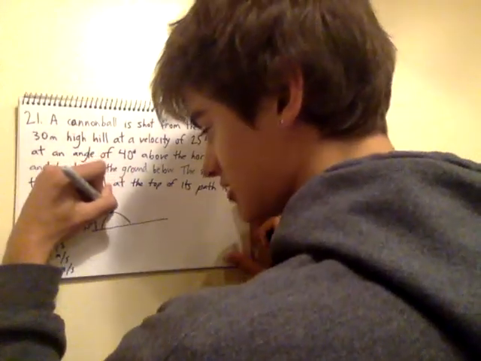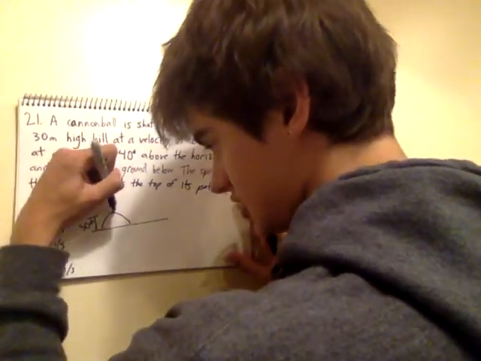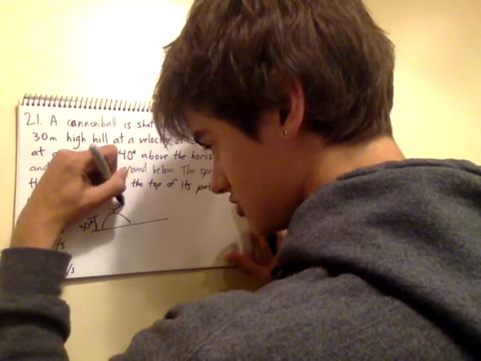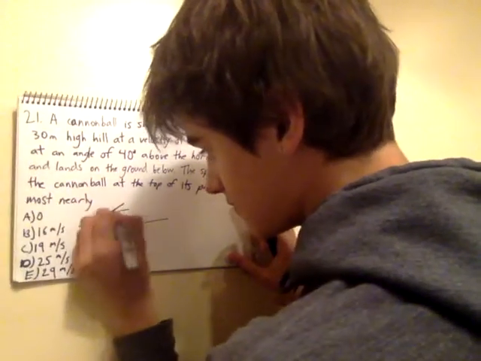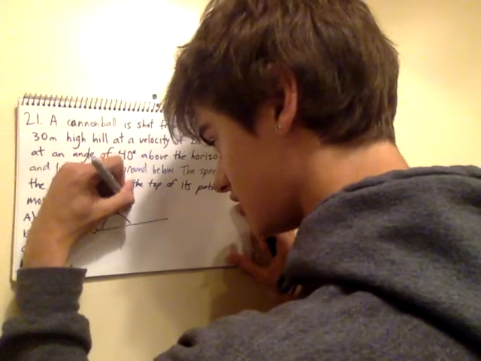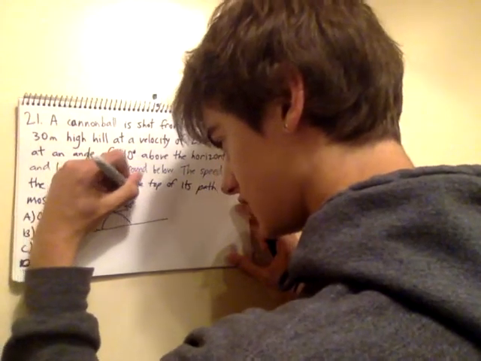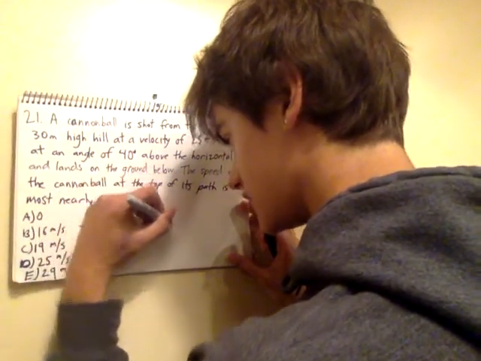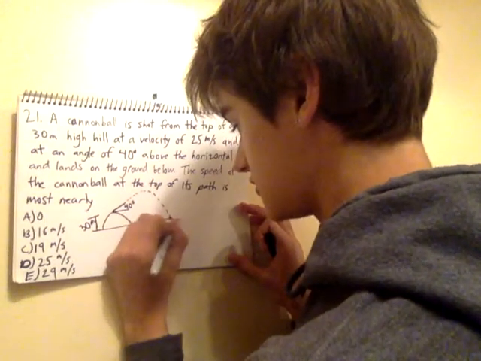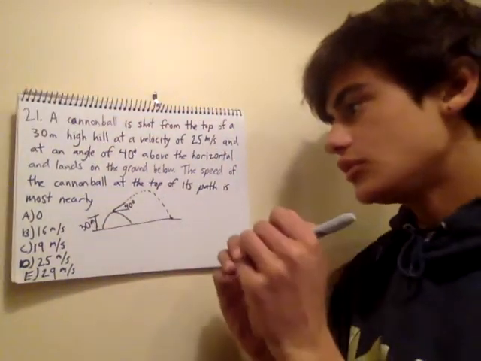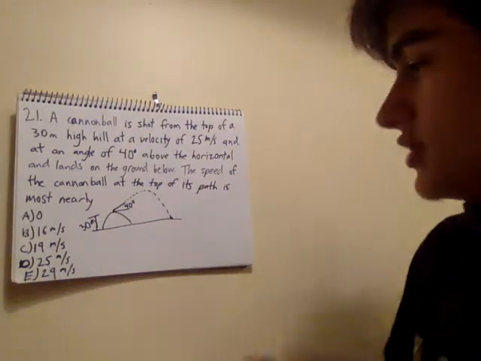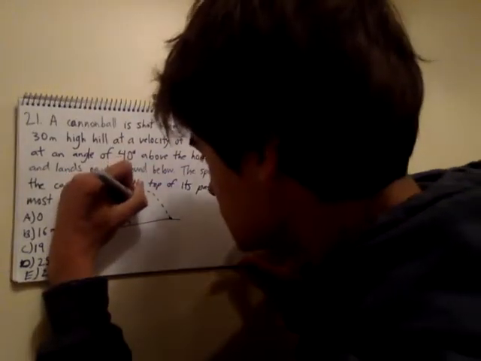So the cannonball is shot here at an angle of 40 degrees, which we'll call theta. It's shot, and then it comes and hits the ground over here.